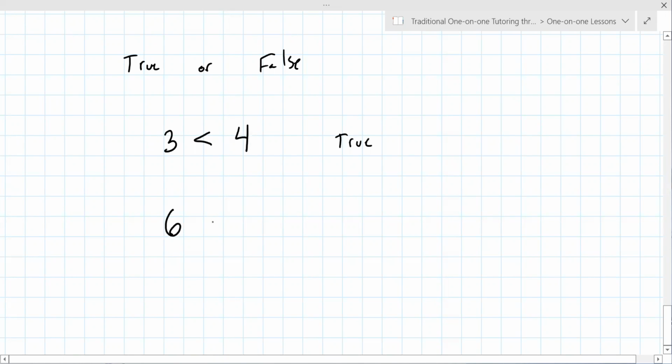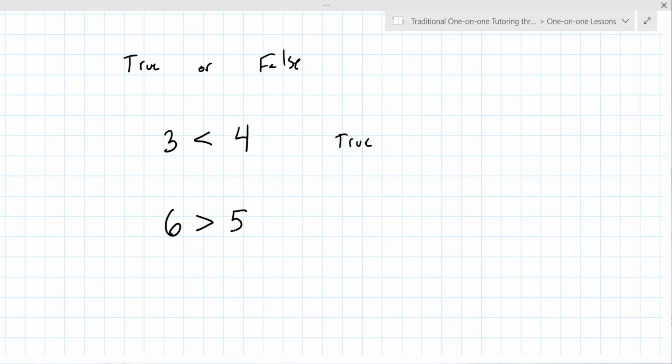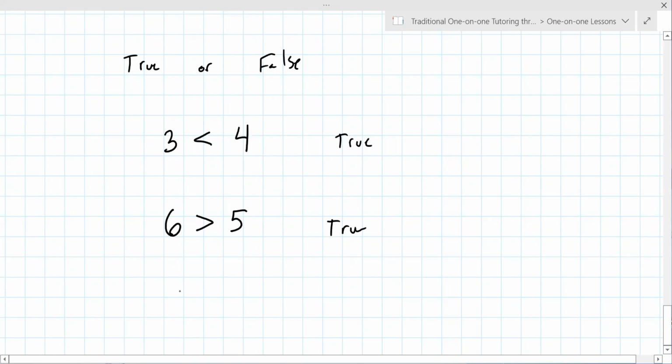Is 6, well, I'll let you read it. Is this true or false? True. Can you read it out loud for us, please? Is 6 greater than 5? Yes. Yeah, and that's true. Okay, how about this one, is this true or false?